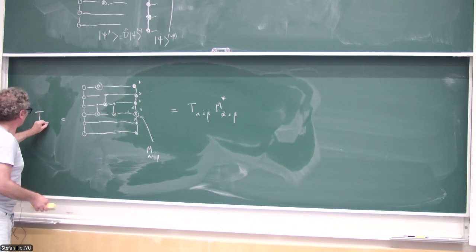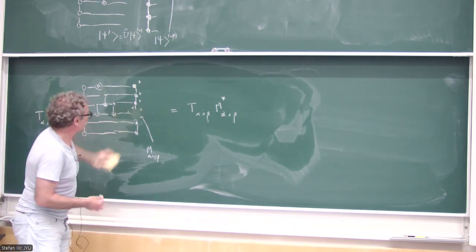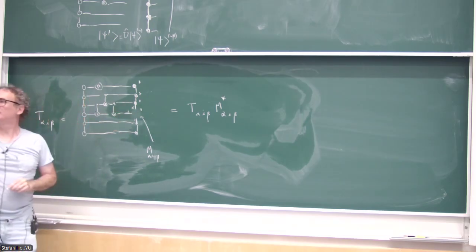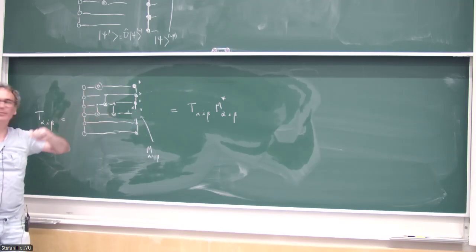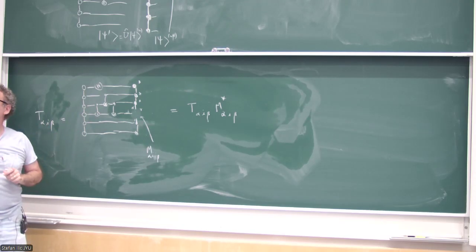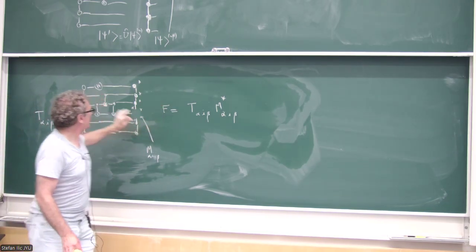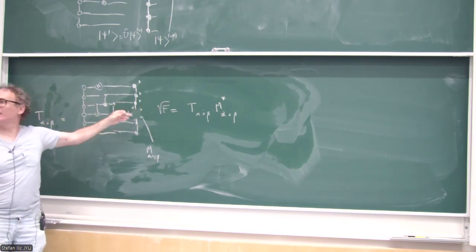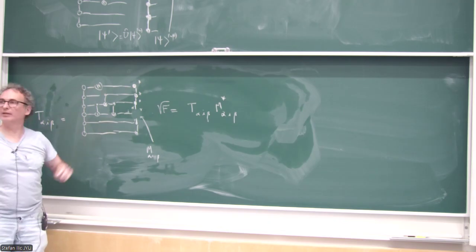T alpha I beta is this. You do the overlap, you make a hole, just remove the tensor. This is actually the guy which multiplied by the other one is going to give you the result. You just need to contract the whole thing.